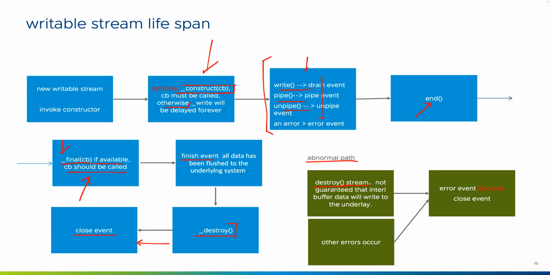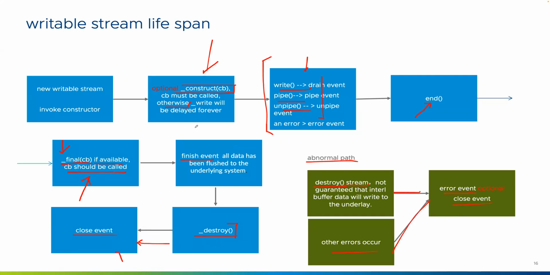That means it's an abnormal operation for this instance. For example, you manually destroy this stream in the middle of the life. Then this destroy also triggers the error event if there is an error, and it also triggers close as the last step, as in the normal path. Other errors, for example from the underlay or from other specific blocks, will occur and also trigger the error event to be fired.